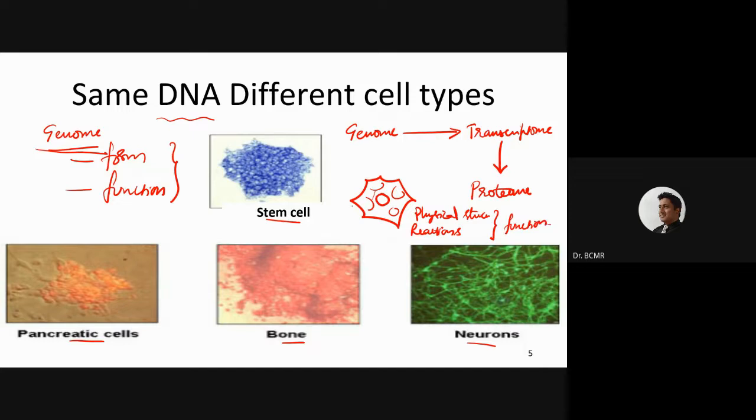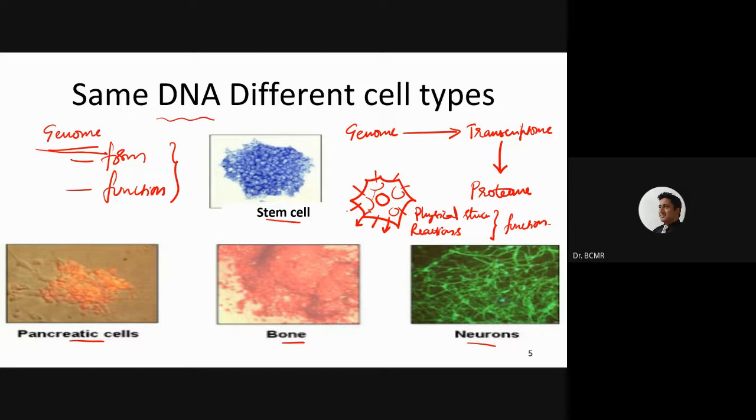When you say function, it is about how the cell is responding to its surroundings. The surroundings have different types of cells, or different types of biochemicals coming from afar, and those are the kinds of interactions. Based on that, the cell is reacting to the environment.